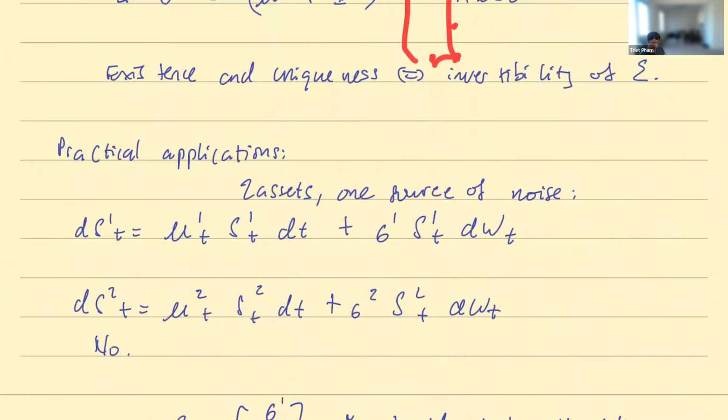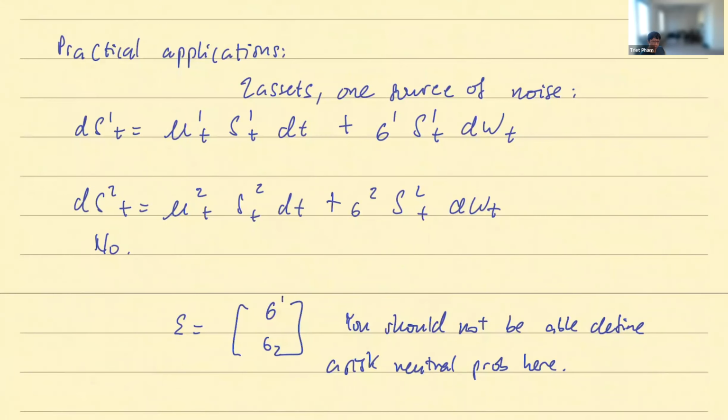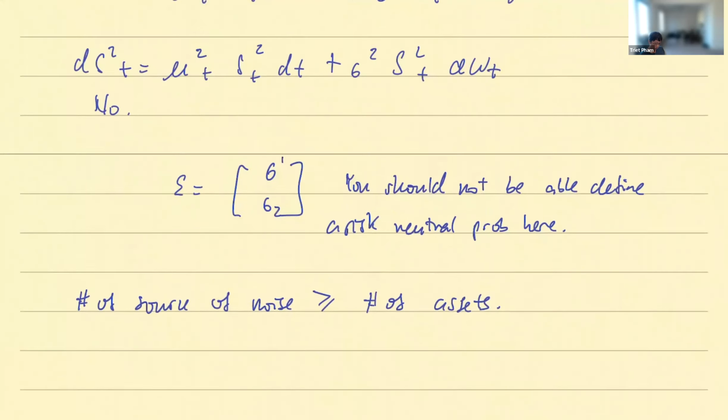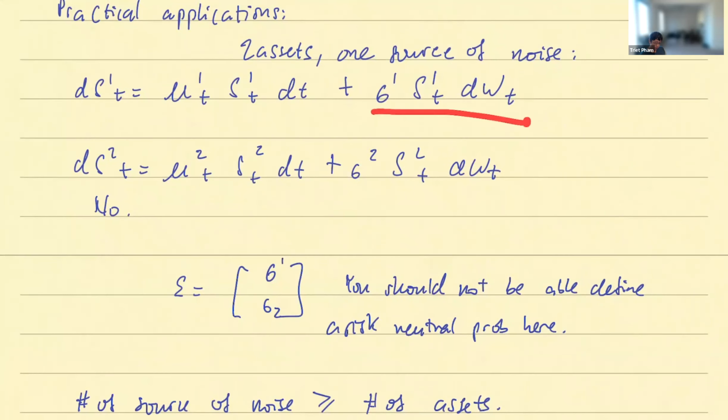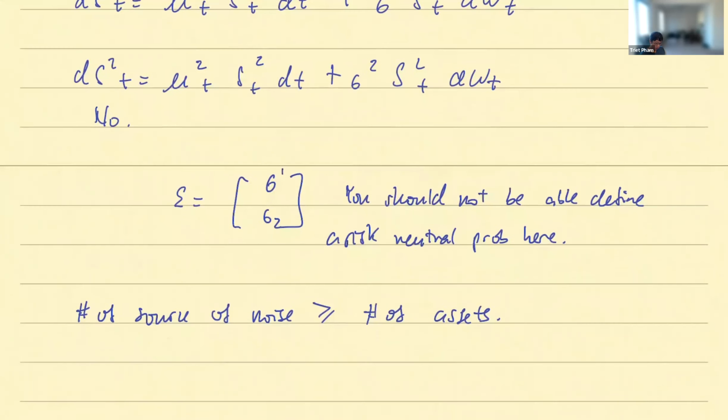So the rule of thumb: if you have fewer sources of noise than assets, you will run into arbitrage issues. Here, the model is not arbitrage free.